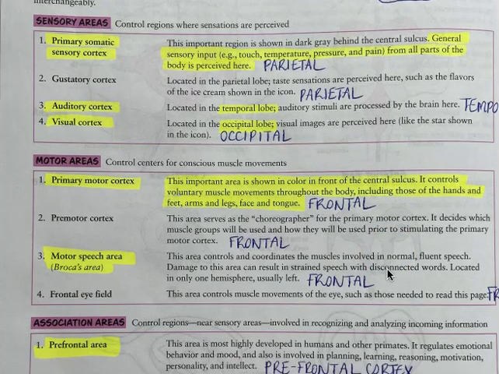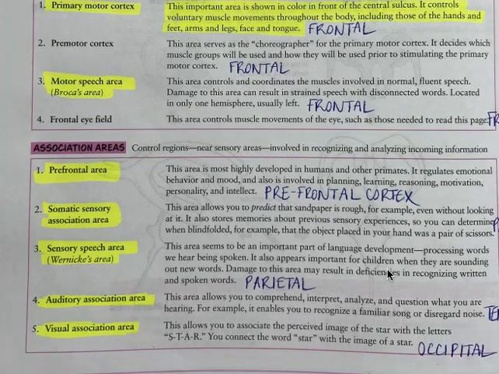Now we have to move down our table to the association areas in order to find the remaining regions of the parietal lobe. There's a region called the somatic sensory association area, and another one called the sensory speech area, or what is most commonly known as Wernicke's area.